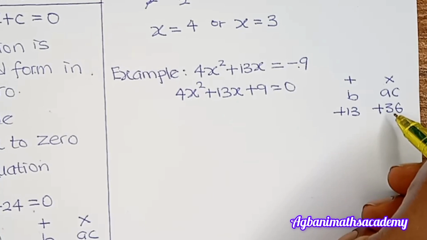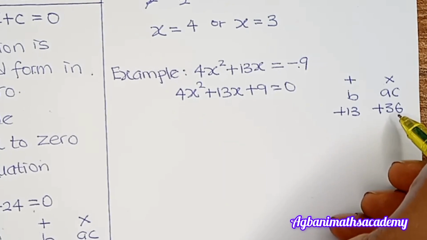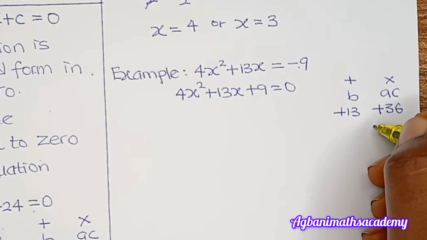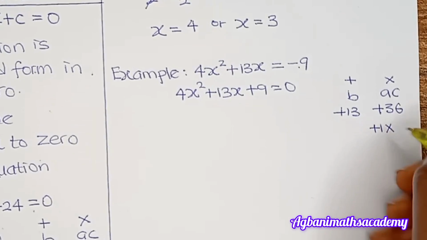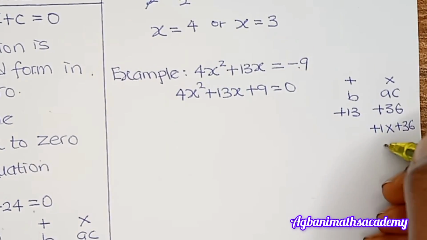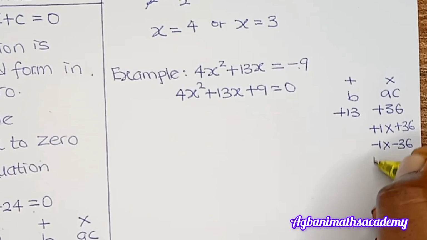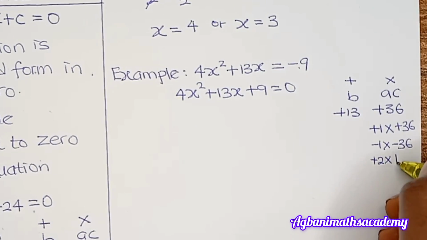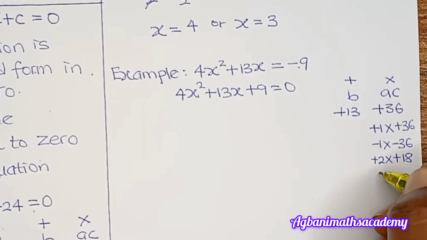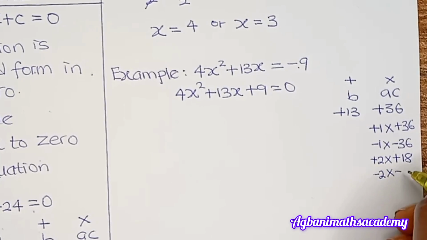So now we are looking for numbers that will multiply to give us plus 36. So the first one is plus 1 times plus 36. We have minus 1 times minus 36. We have plus 2 times plus 18. Minus 2 times minus 18.